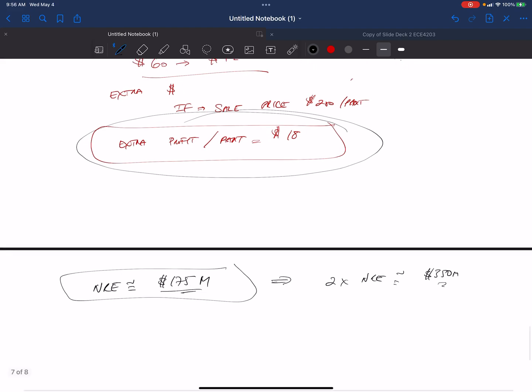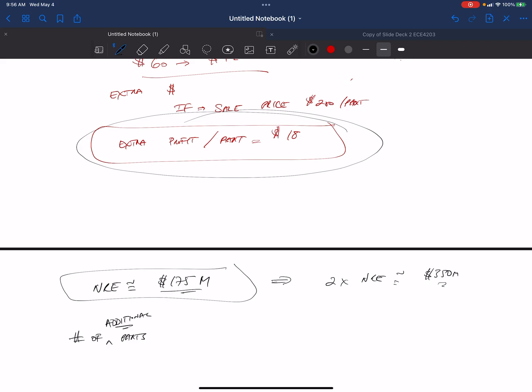So the number of additional parts, let's say you were the same company and you were thinking of doing the shrink to increase your profits.